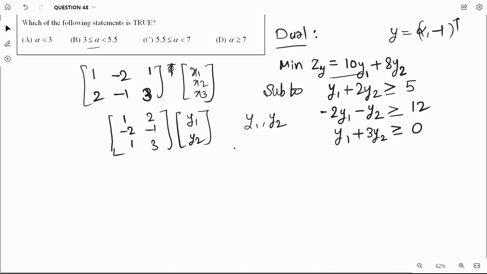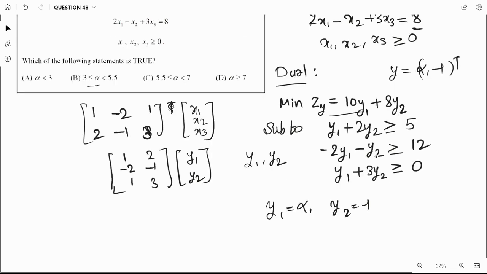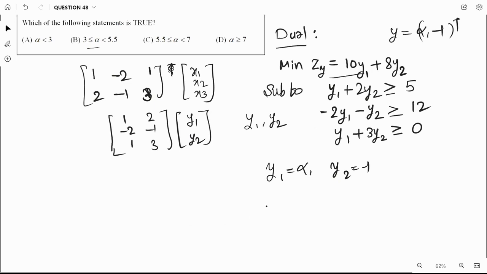Now the first constraint is y1 plus twice y2 greater than or equal to 5. So we will put y1 equal to alpha and y2 equal to minus 1 in all the constraints. So the first constraint becomes alpha minus 2 greater than or equal to 5. This implies alpha greater than or equal to 7.